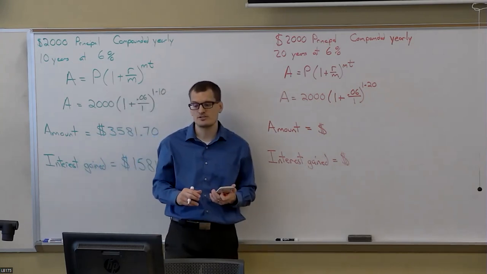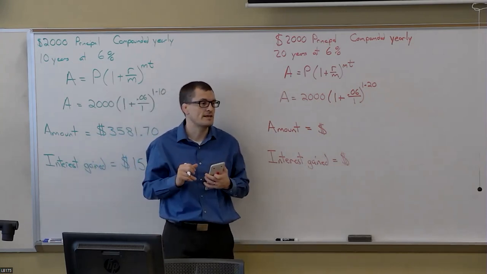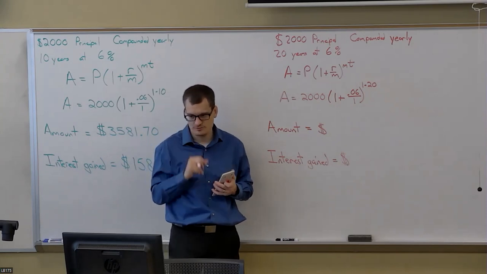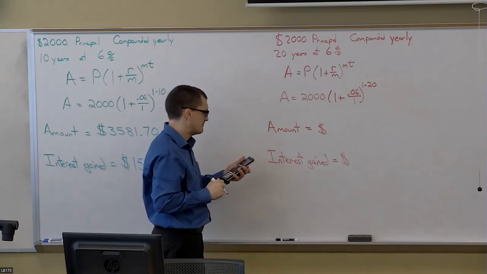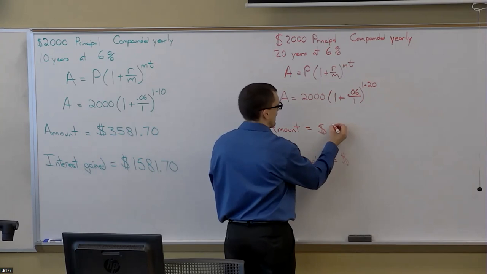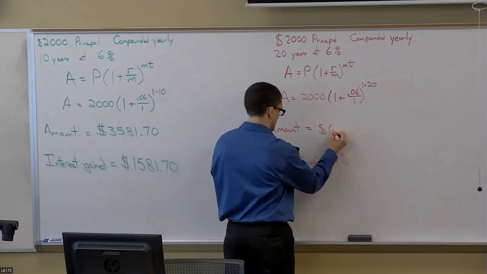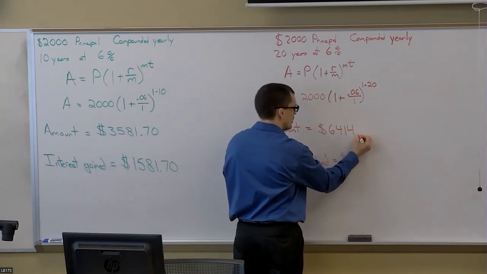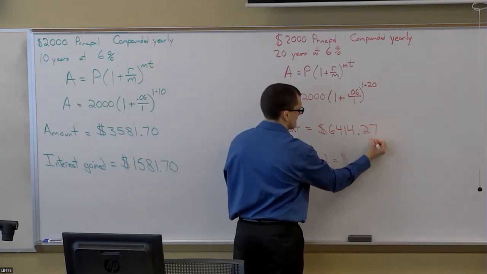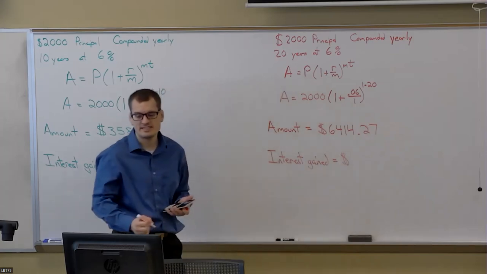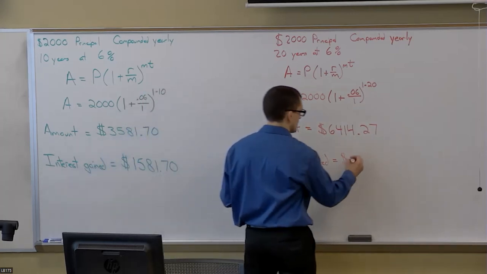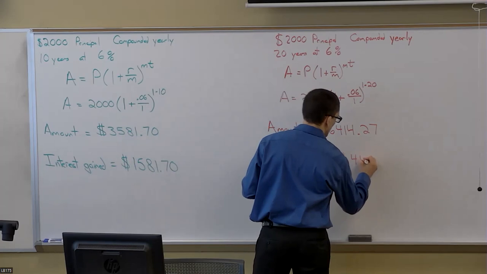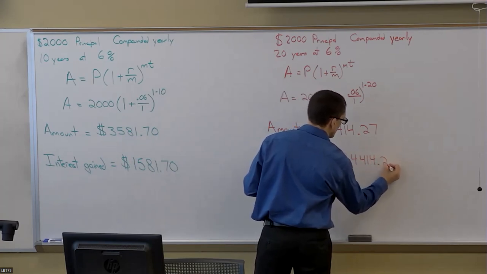All we have to switch is our time from a 10 to a 20. And the amount that we end up with after 20 years is $6,414.27. And that means the interest gained was $4,414.27.